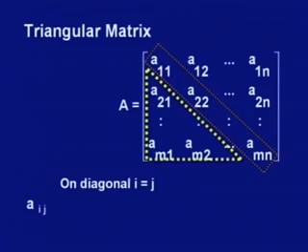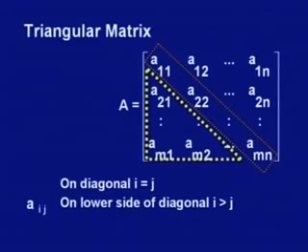Like if we consider the element A21, then the row index 2 is bigger than the column index 1. Similarly, for this, n is bigger than 1, the same thing happens here, and this is true for all elements appearing in this region. So we say that Aij, if it appears in the lower side of the diagonal, then i is greater than j.